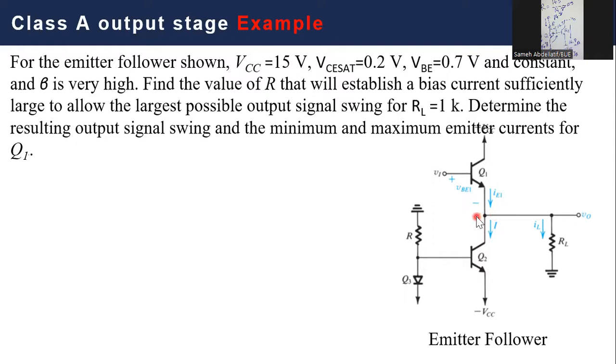You will have here a voltage of 14.8, and you have here a 1 kilo ohm resistance. So simply the current flowing here is 14.8 over 1 kilo ohm, which is 14.8 milliampere. So the current flowing here, let me use an arrow. Here. So the current flowing here is simply this 14.8.